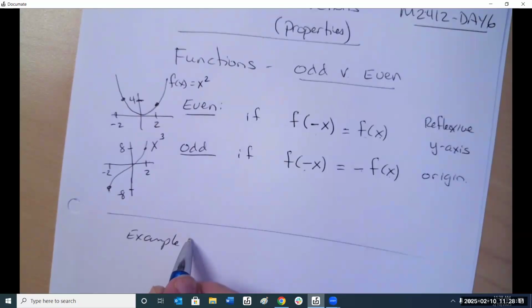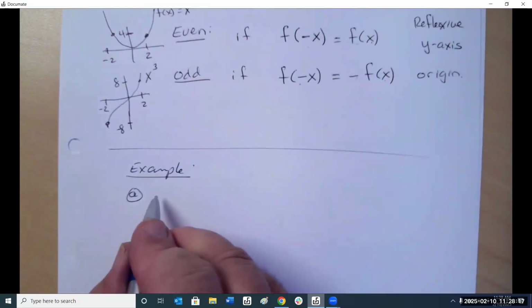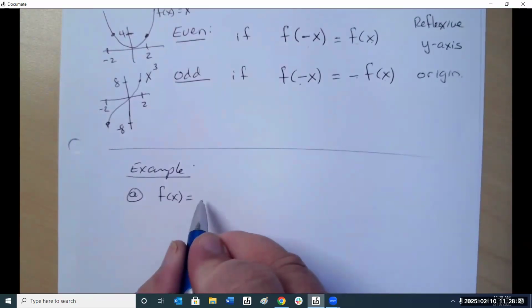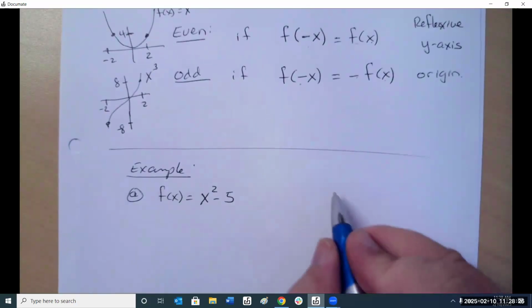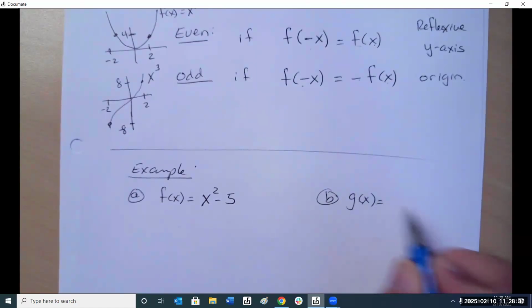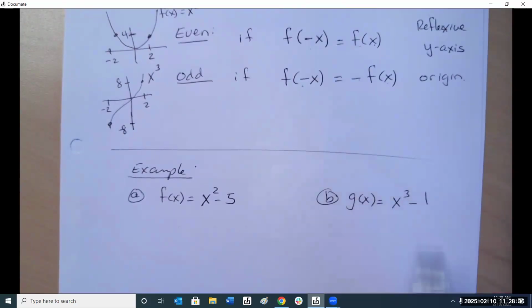Tell me if these are odd or even functions or neither. A: f of x equals x squared minus 5. B: g of x equals x cubed minus 1.